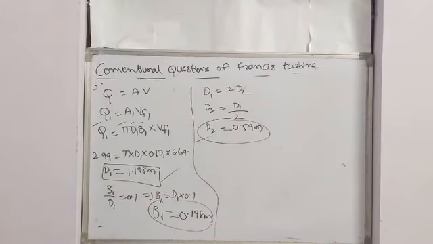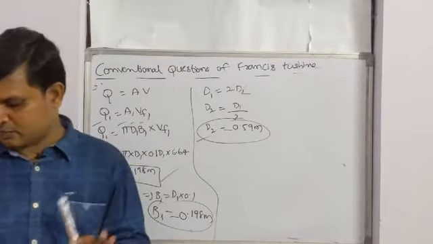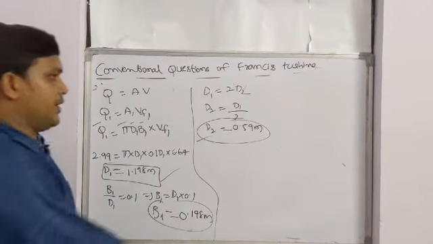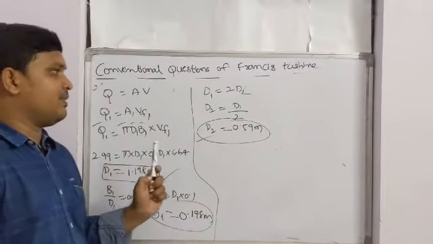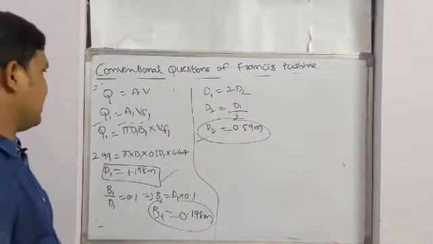Now we will go for angles. For finding out the angles, we should draw the velocity triangle. For drawing the velocity triangle, we should know the relation between U1 and VW1.